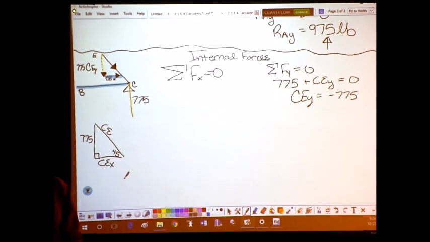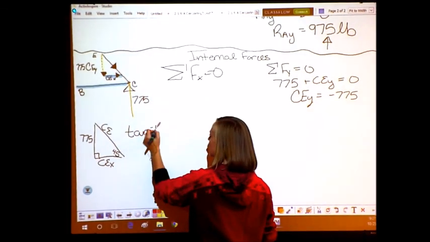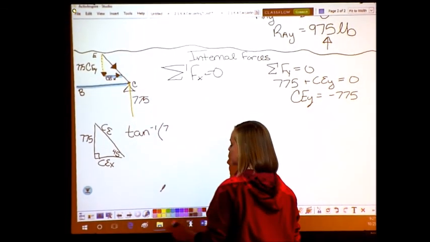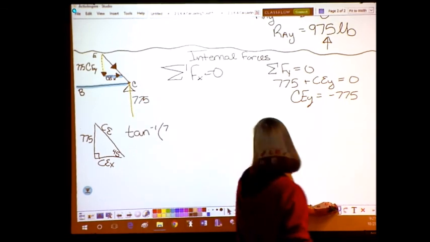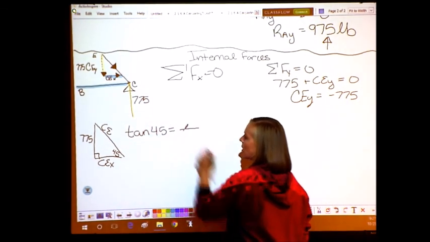So I can do that tangent thing. Unless, do you guys know 45-45-90s? These are equal. In 45-45-90s, these are equal. You two don't know that yet, so you haven't been through geometry. But that's okay, if it's your algebra 1. Tan of 45 equals opposite over adjacent.